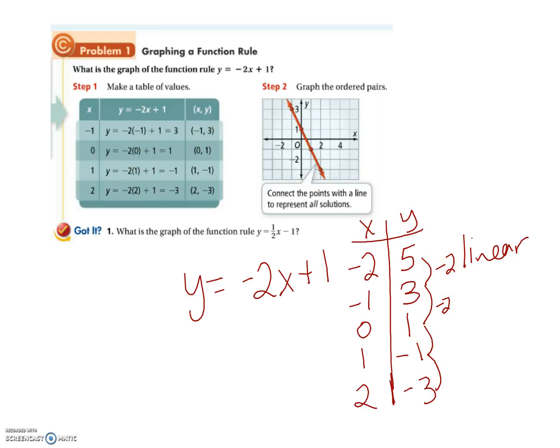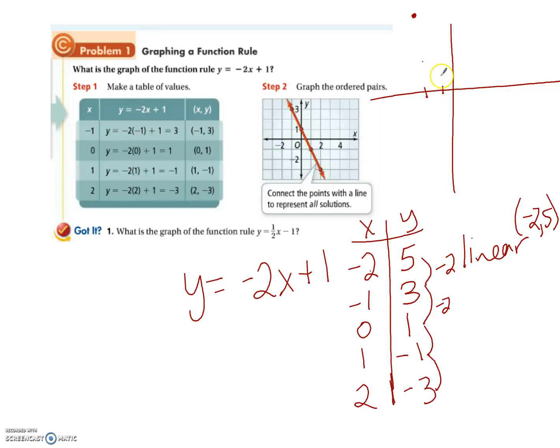On your graph, you are going to graph these points. This is your ordered pair, negative 2, 5. If you need to rewrite that as (negative 2, 5), go for it. That's totally up to you. So on your graph, we're going to graph that. I'm just going to estimate it here. We're going to go negative 2, up 5: 1, 2, 3, 4, 5. Now yours will be exact because it is not going to be estimated like mine.